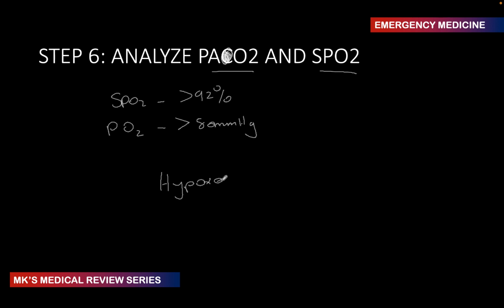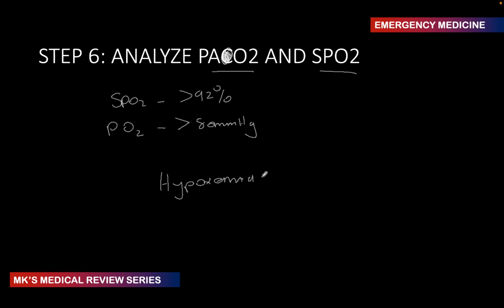So remember that your SpO2 at least must be above 92%. And of course, your partial pressure of oxygen must be at least greater than 80 millimeters of mercury, so about 80 to 100 millimeters of mercury, such that if a patient has any of these two values that is less than 92% or a partial pressure that is less than 80, then we're going to be saying that this person has hypoxia or hypoxemia.